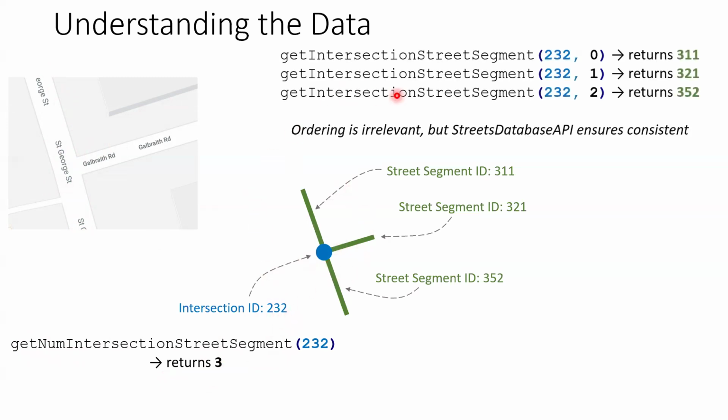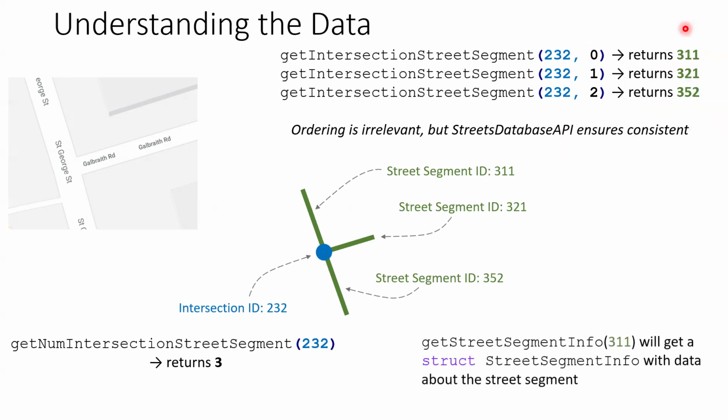Then for each street segment, we do the getIntersectionStreetSegment for 232, with 0, 1, 2. And this returns the respective street segment IDs. We can then do whatever we want with those street segment IDs by accessing the street segment info.